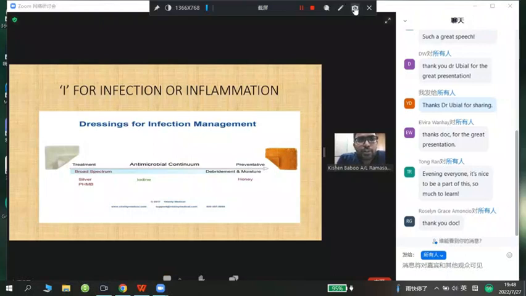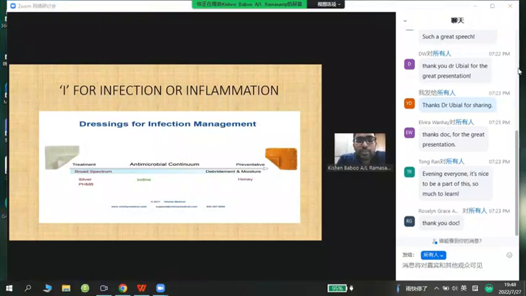Usually nano silver comes in smaller particles and is more effective compared to colloidal silver. Also, different dressings have different concentrations of silver, which is usually within the allowed amount.